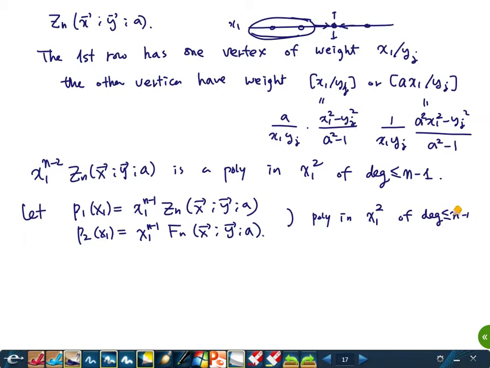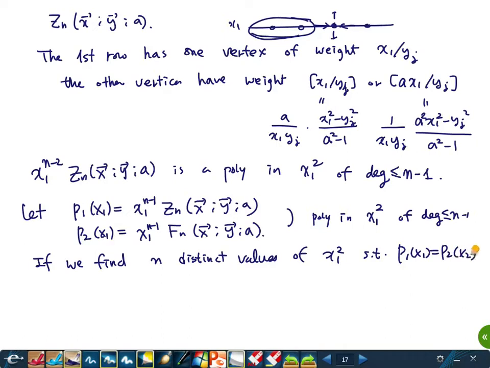And if we can find n numbers for which these two agree, then they must be the same as polynomials. In other words, if you find n distinct values of x1 squared such that P1 equals P2, then they are the same as polynomials, right?